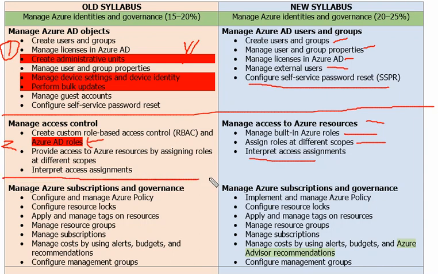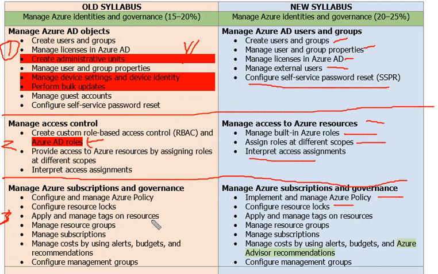Now the third section in manage Azure identities and governance is manage Azure subscriptions and governance, which we are going to compare. The main line, manage Azure subscriptions and governance, is almost the same; nothing has changed. Configure and manage Azure policy is mapped to implement and manage Azure policy, which is almost the same. Configure resource locks is covered here.